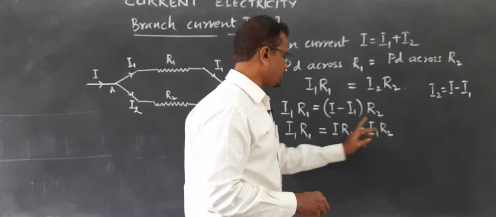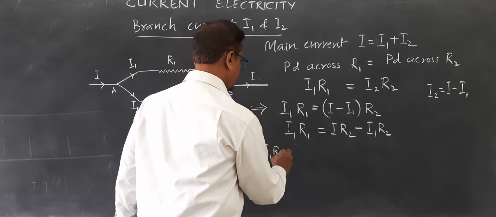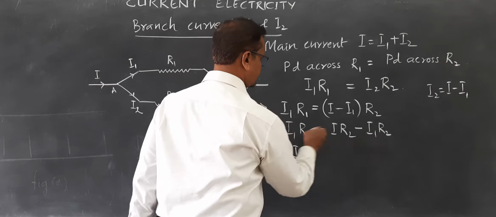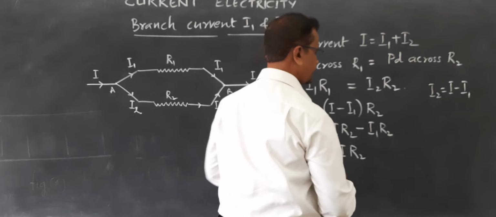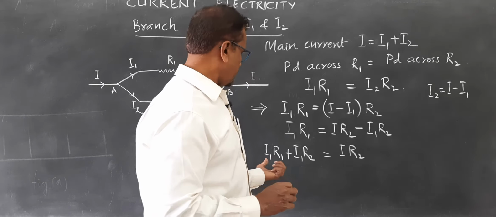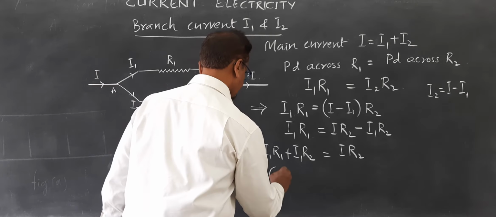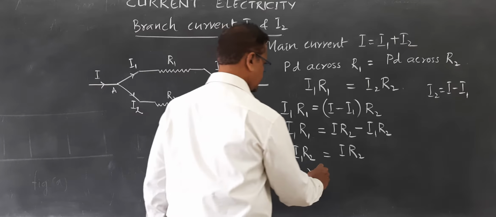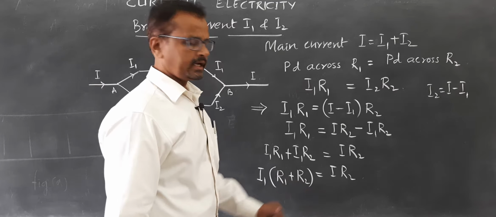So it becomes I1 R1 plus I1 R2 equal to I R2, where I is the main current. Therefore, if you take I1 out common, you will get I1 into (R1 plus R2) is equal to main current I R2.